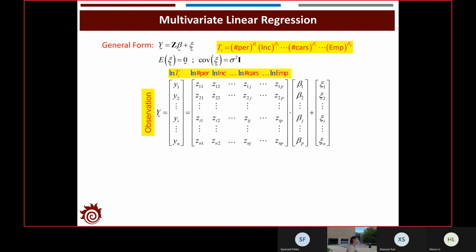For the examples that I'm going to introduce in this lecture, they will have some actual settings of the equation. But you also need to be very careful about that. Based on the equations that I have, sometimes you may not need the constant term. Like if there's no person, no income, no car, definitely no trips, right?